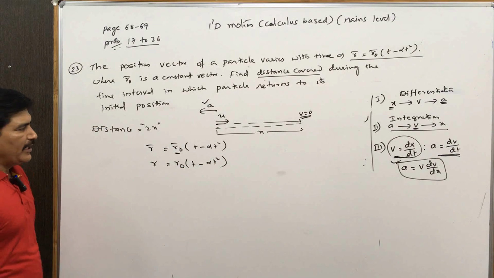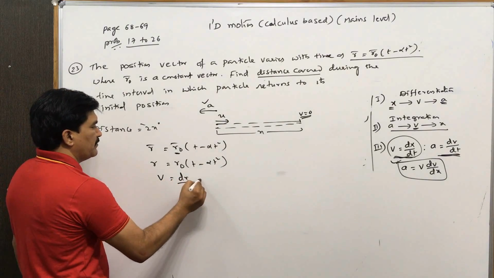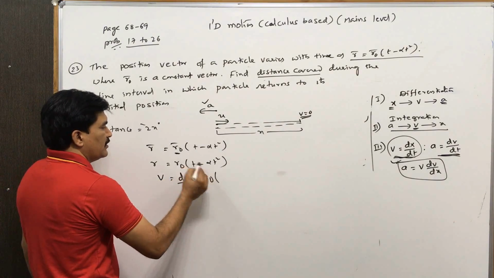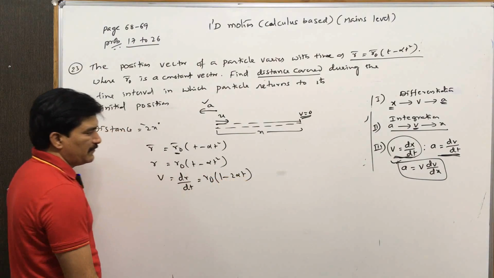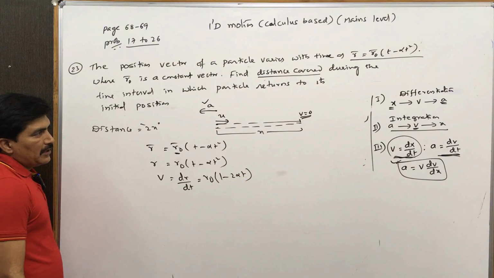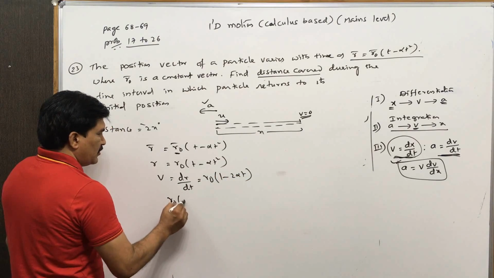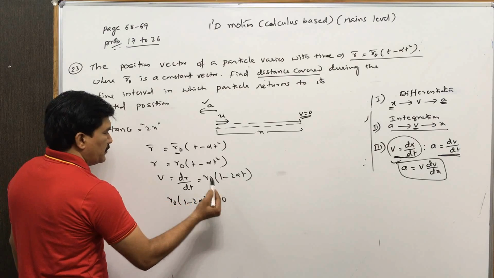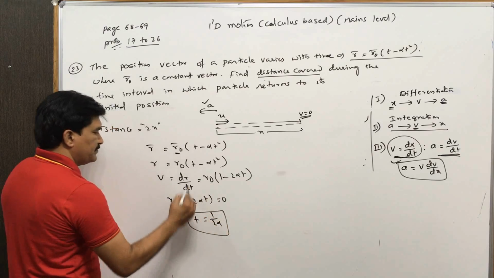And if you observe, velocity means differentiating position with respect to time, that leads to r naught into 1 for t, and 2t for t square, so it comes out to be 2 alpha t, isn't it? But velocity becomes 0 means r naught into 1 minus 2 alpha t should be 0, so t should be equal to 1 by 2 alpha.